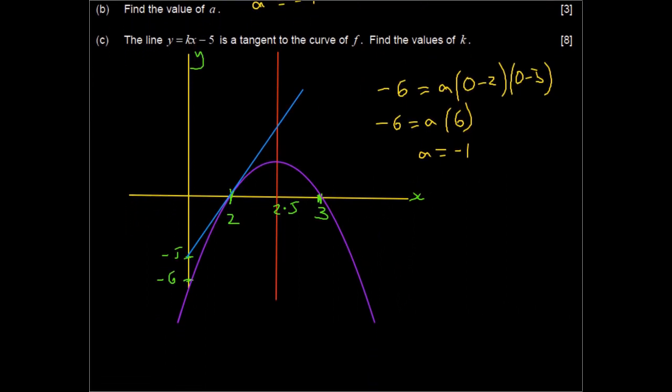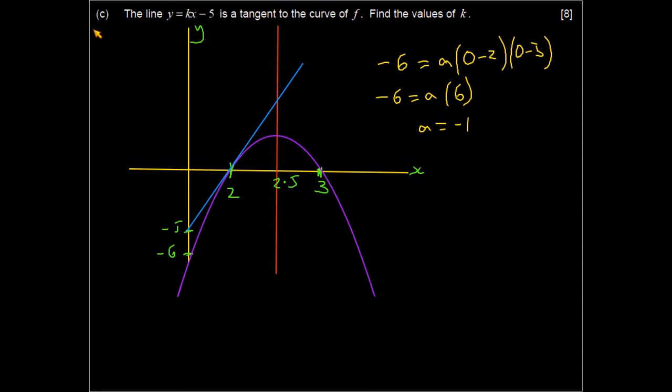So the way I'm going to do this is these two are going to intersect at some point. So I'm going to set kx minus 5, which this is part C, kx minus 5 is equal to the equation of the curve, which is negative x minus 2 times x minus 3.